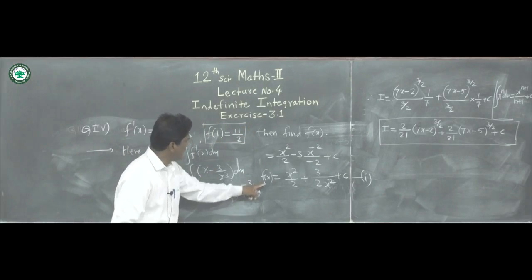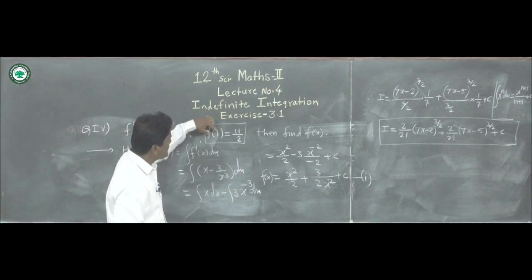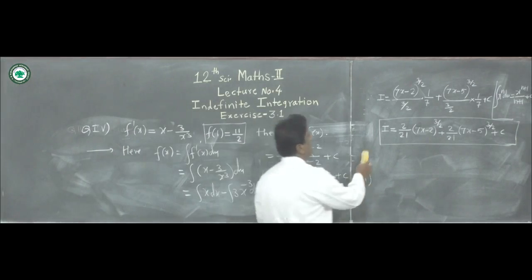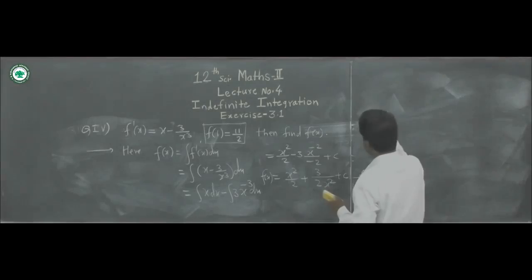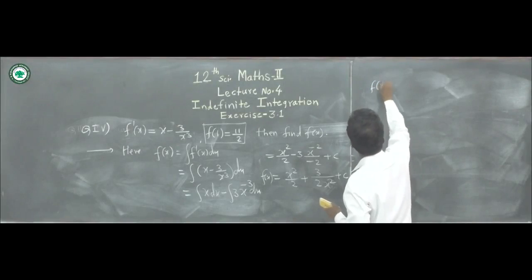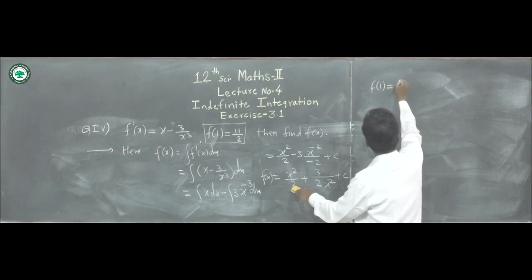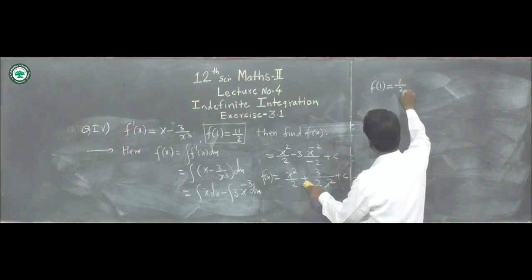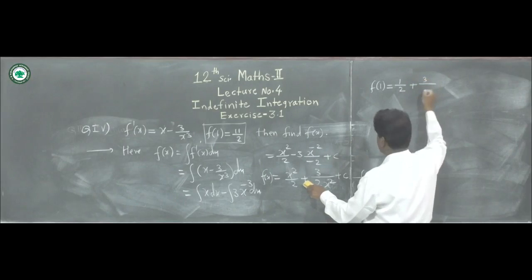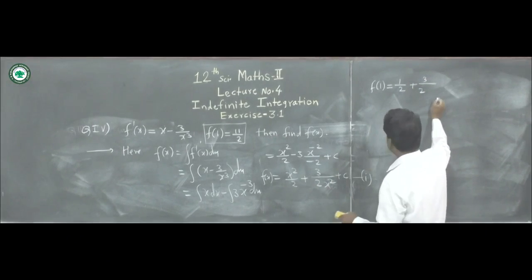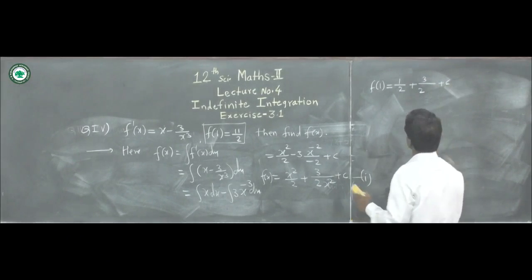So we put here x is equal to 1 because f of 1 is given. So put here x is equal to 1, and therefore f of 1 is equal to 1 square upon 2, 1 square is 1 divided by 2 plus 3 upon 2 into 1, that is 2, and plus c.